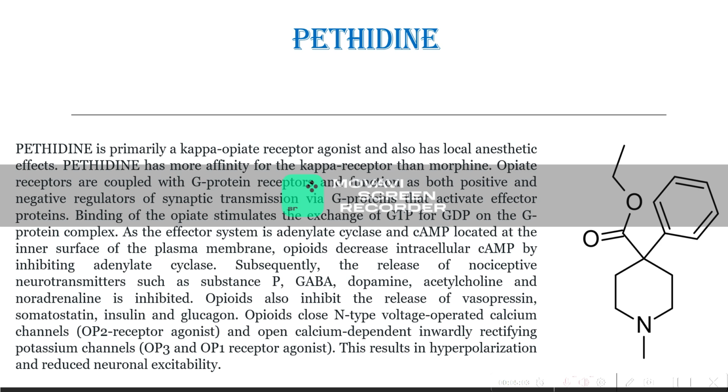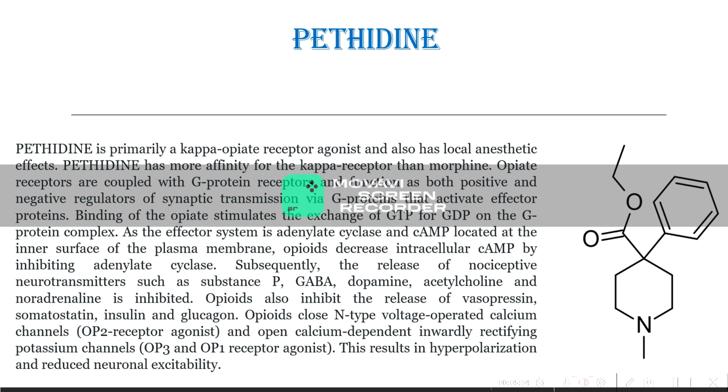On binding of the opioid, GTP is exchanged for GDP on the G-protein complex, and the effector system is adenylyl cyclase and cyclic AMP, located at the inner surface of the plasma membrane. Opioids decrease intracellular cyclic AMP by inhibiting adenylate cyclase.